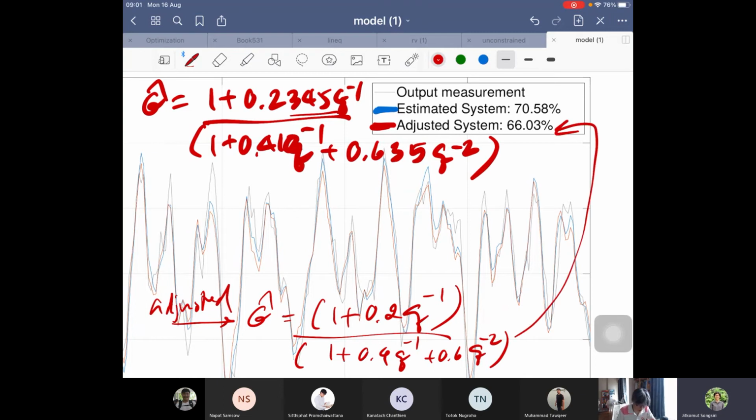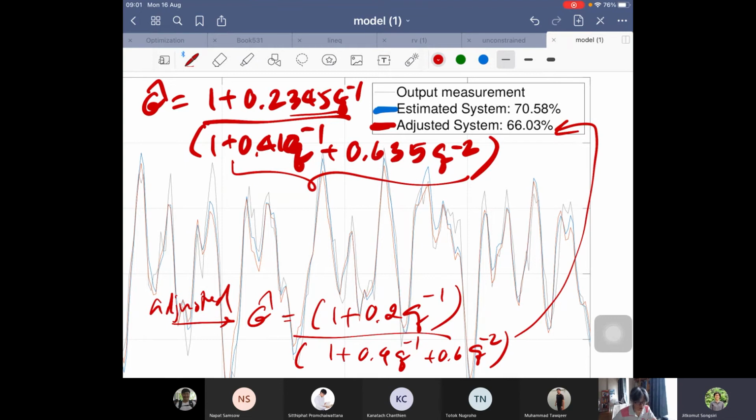The key point of this illustration is that when you work with a rational transfer function, if you adjust the coefficients slightly, it can change the locations of the system poles dramatically. Everyone knows that the characteristic of the system depends on the poles and zeros, right?